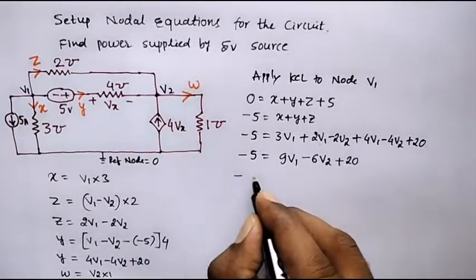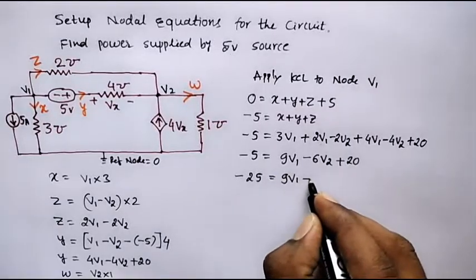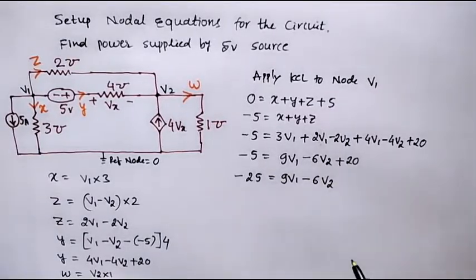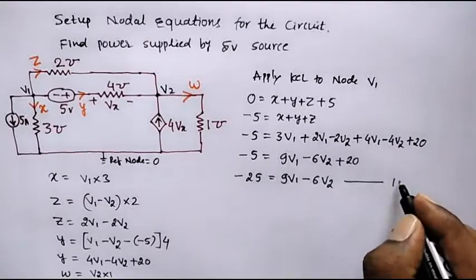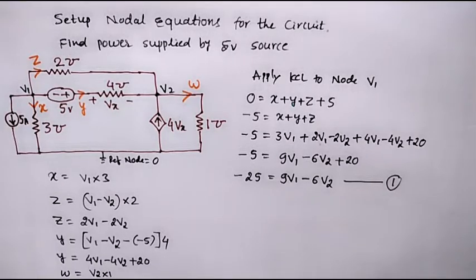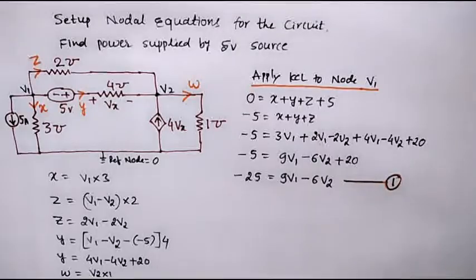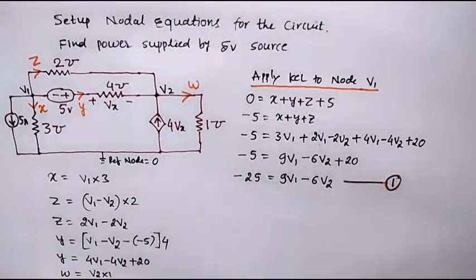I can write it as minus 25 is equal to 9V1 minus 6V2. I will call it equation number 1. Now let's apply KCL to node V2.